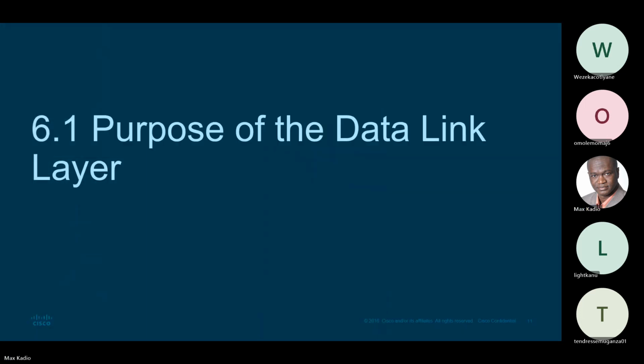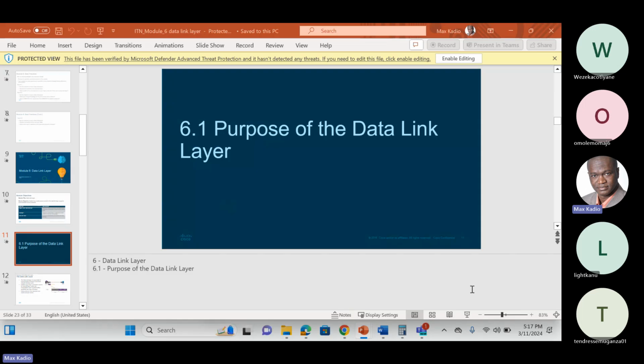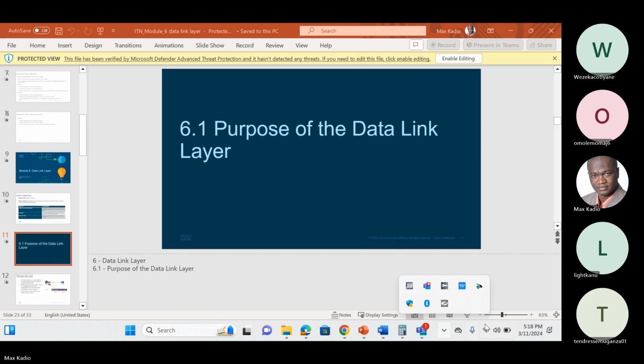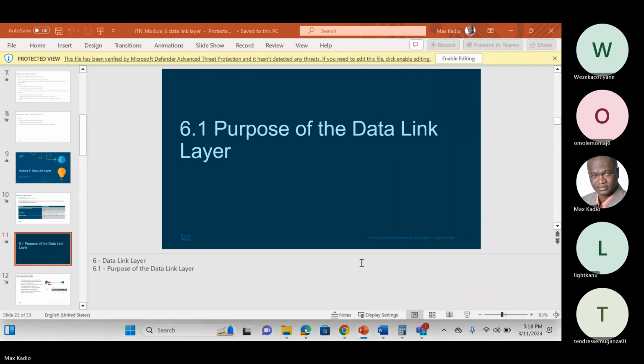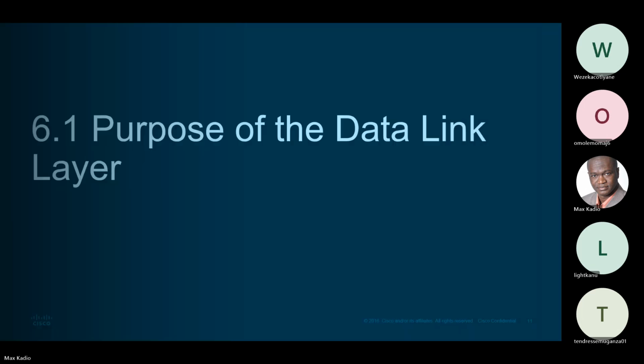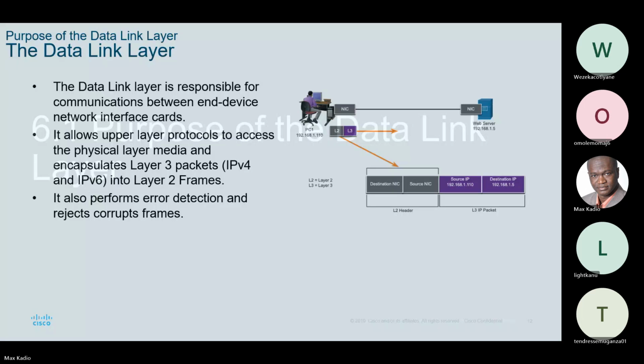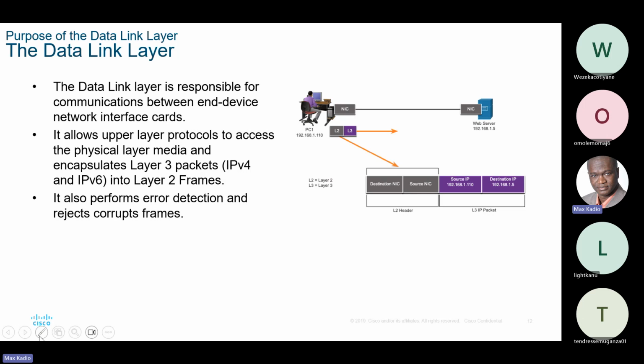Okay. So what is the purpose of the data link layer? Why do we need that? It's written here: the data link layer is responsible for communications between end device network interface cards.